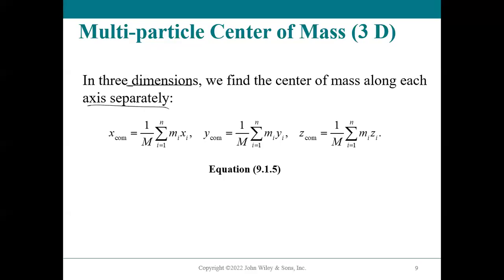And then also for the z axis, 1 divided by the total mass, and then m_i z_i, total from i from 1 to n. So we can add in the 3 dimensions, x, y, and z axis.